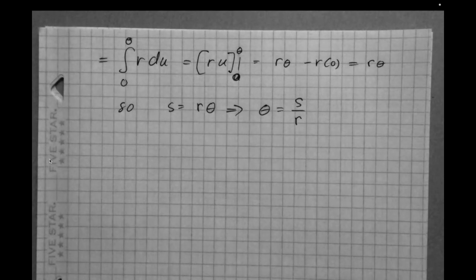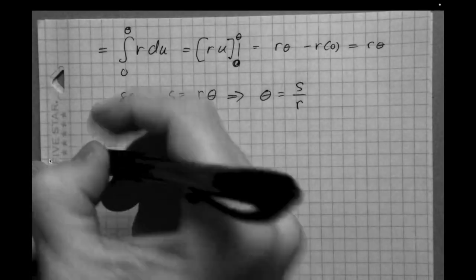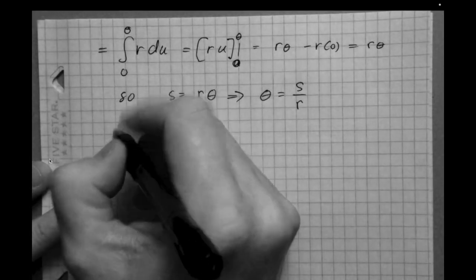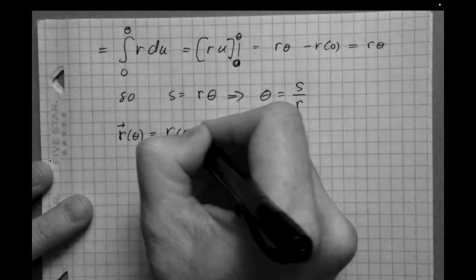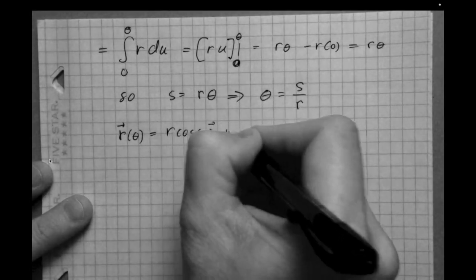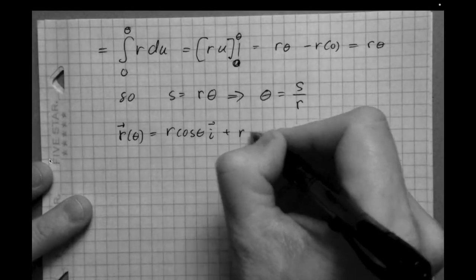We'll input this into our original function. We had r of theta equals r cos theta times i plus r sine theta times j.